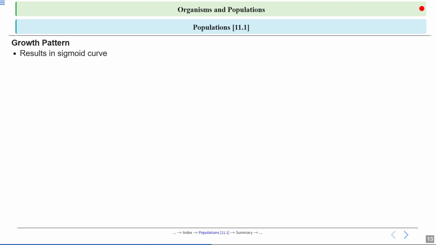So here in the logistic growth curve, you get a sigmoidal curve. This curve is very important because it shows how population grows rapidly at first, then slows down as it approaches a limit. This is also known as Verhulst-Pearl logistic growth. It is named after the scientists who developed this model.